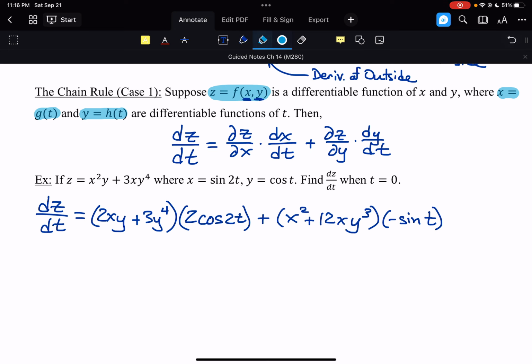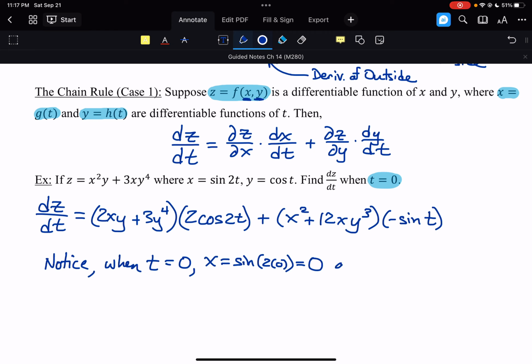However, we're looking specifically when t is equal to 0. So instead of going through that whole process of substituting everything out, notice when t equals 0, x is sine of 2 times 0, sine of 0 is 0, and y is cosine of 0, which is 1.